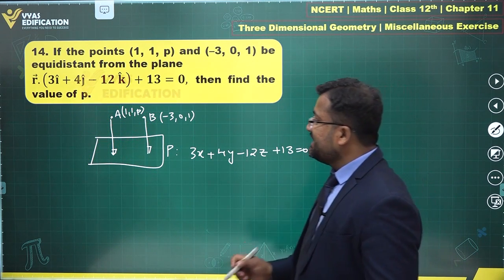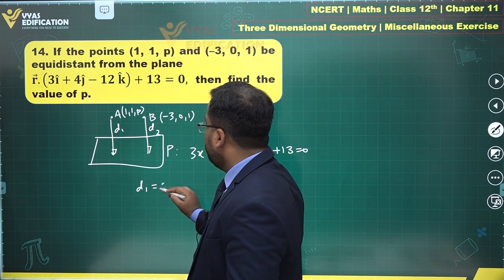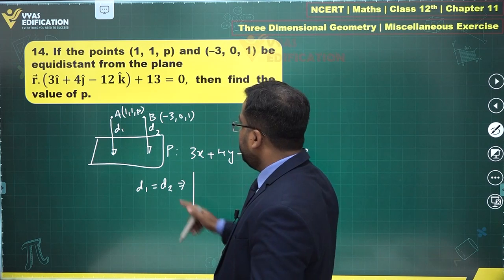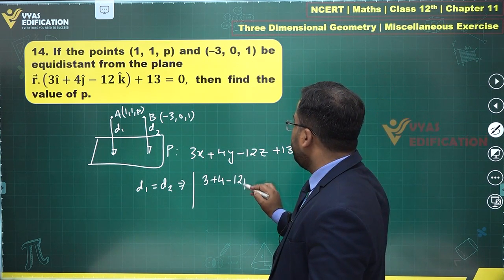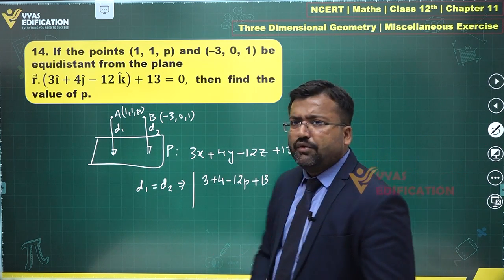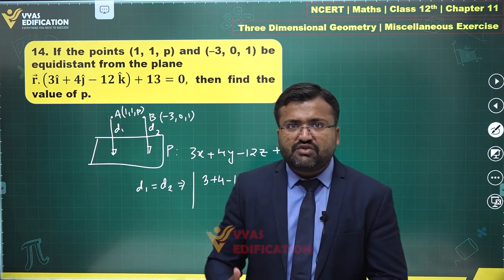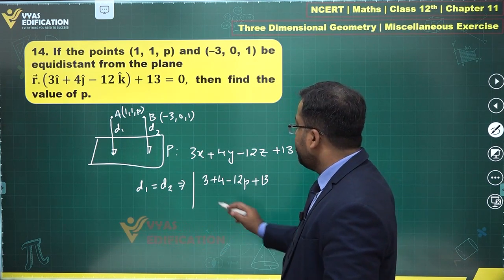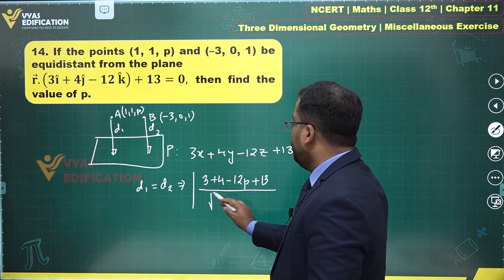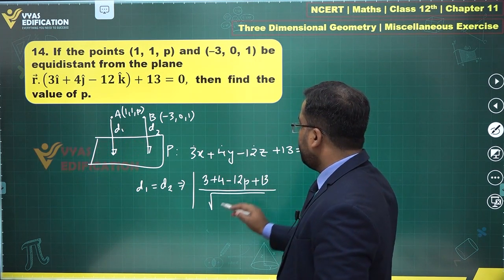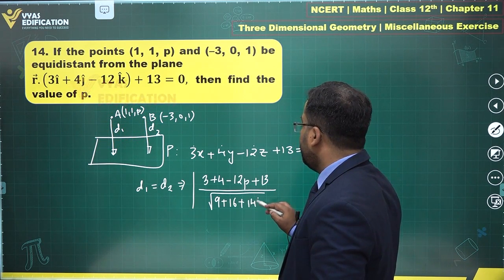So if the 2 distances are same, D1 and D2, so D1 will be equal to D2, implies that, let's substitute this particular point, 3 plus 4 minus 12P plus 13. What are we doing over here? Ax1 plus by1 plus cz1 plus d upon under root of a square plus b square plus c square is the distance. So ax1 plus by1 plus cz1 plus d upon under root of a square b square c square, which is 3 square 9 plus 4 square 16 minus 12 square 144.